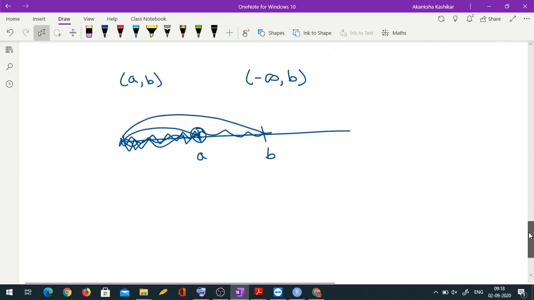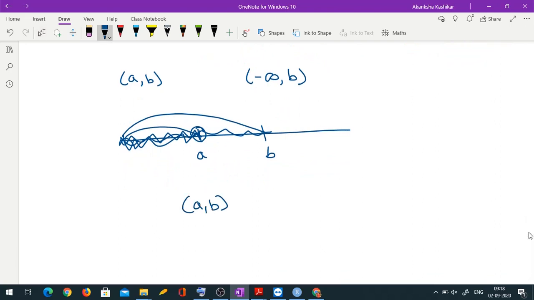Because finally I want open AB. So first let us consider whatever I said just now. So from minus infinity to open B, if I kind of subtract minus infinity to open A, I would be left with closed A and open B. Okay, I would be left with this interval, but A is included because I have not subtracted A.